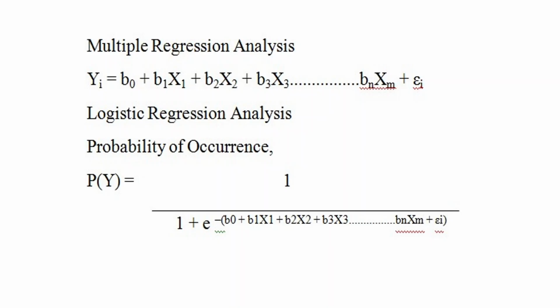Now, what changes are we making in the basic regression analysis so that we can carry out logistic regression? Let's understand the functional form. Y is equal to this equation which we have studied in linear regression. When I make it a function of the probability, P(Y), the probability of the occurrence of the event, it is equal to 1 upon 1 plus e raised to minus this equation.